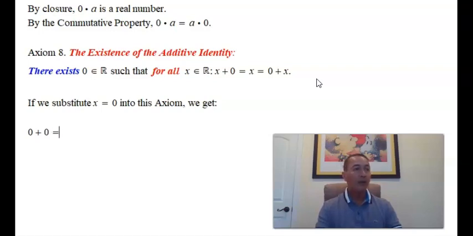Well, who is x? 0. So 0 plus 0 equals 0. So it doesn't tell us anything new, but it does reassure us that 0 plus 0 is equal to 0. And again, that's something we knew in the second grade, but that's because these are the properties of real numbers.